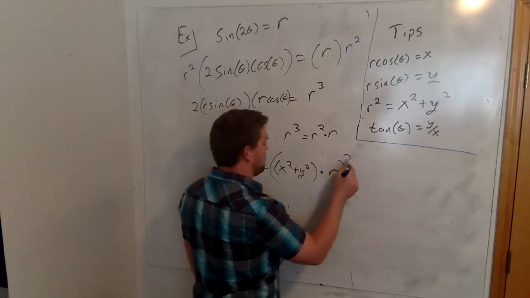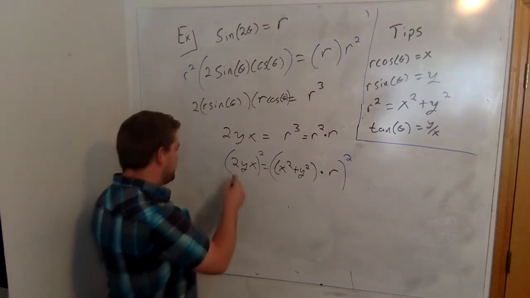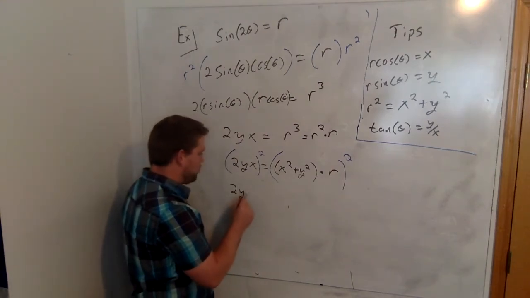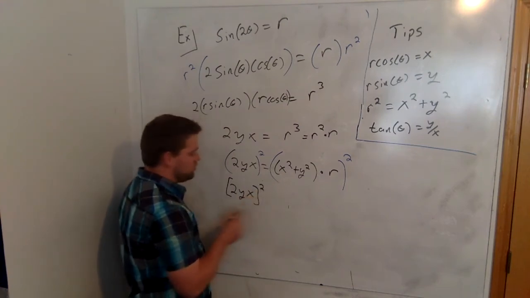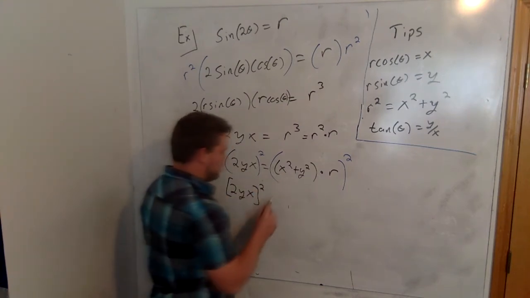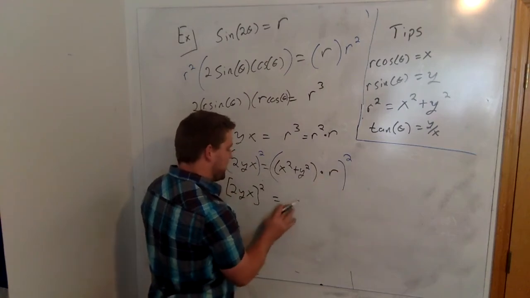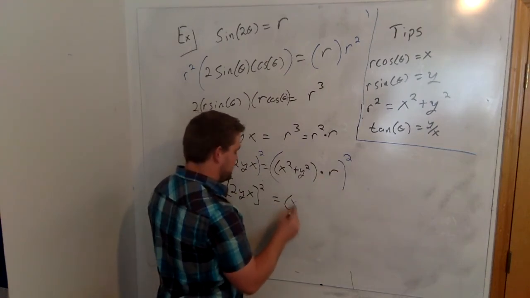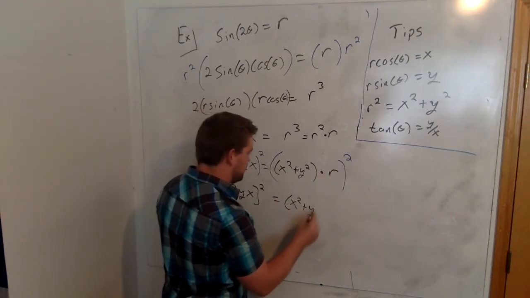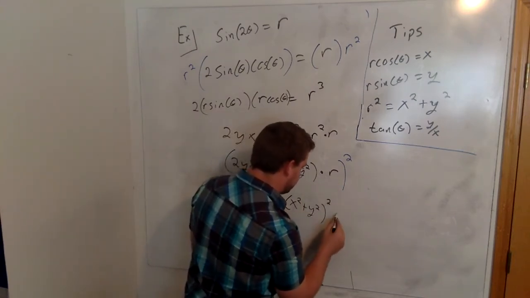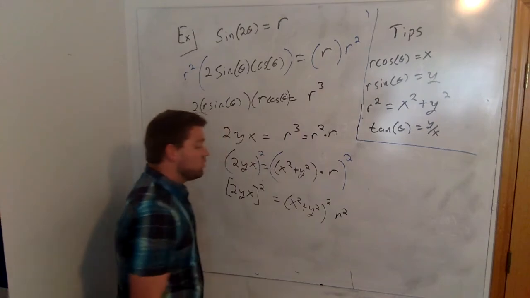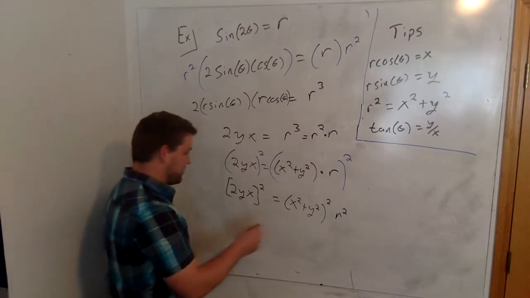Let's square both sides. So what we'll get here is 2yx, keep it as quantity squared. You could distribute and make this 4y squared x squared if you wanted to. But now when we square the right-hand side, we're going to get x squared plus y squared, quantity squared, but we're also going to get that extra r squared here, which we can make x squared plus y squared.